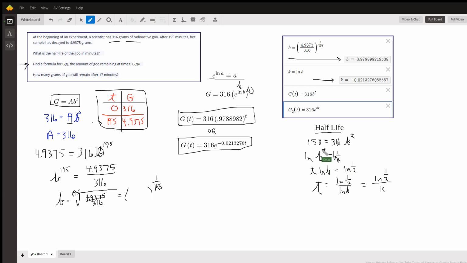Use the property of logarithms to move this t down front. And then t equals ln of 1/2 divided by ln of b. Well, we already know that ln of b is this value of k. So when you have it in this form, all you have to do is divide ln of 1/2 by that value to get the half-life.